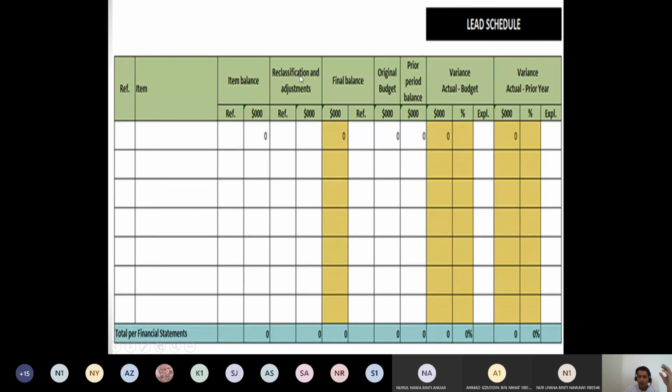If we see here, we have the items that we extract from the financial statement or the accounts of the client. And this is the adjustment, reclassifications, and the final balance after we do the adjustment. And it could also be the original budget or the prior period balance and so on.